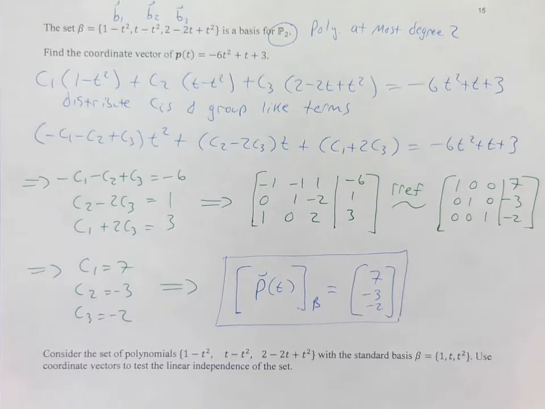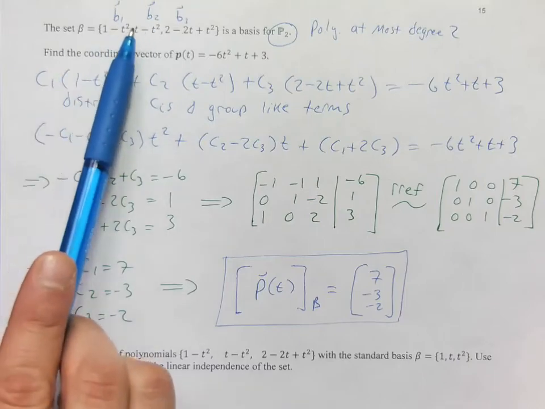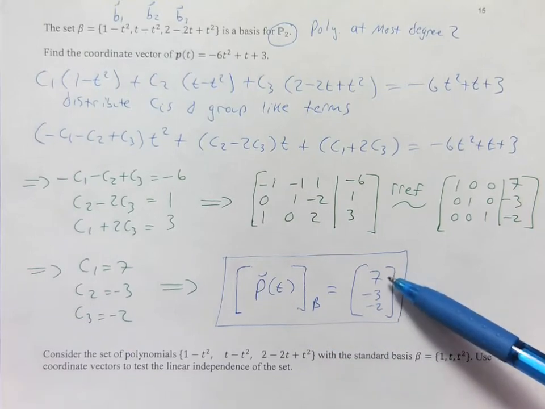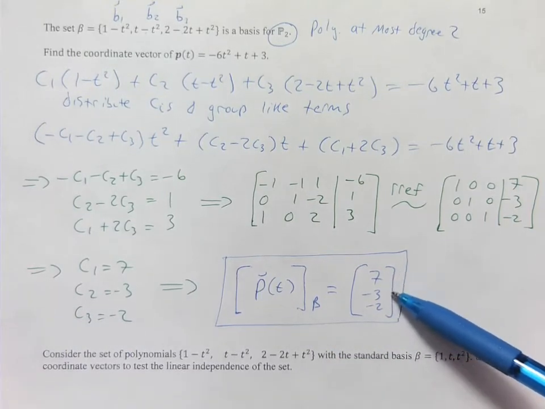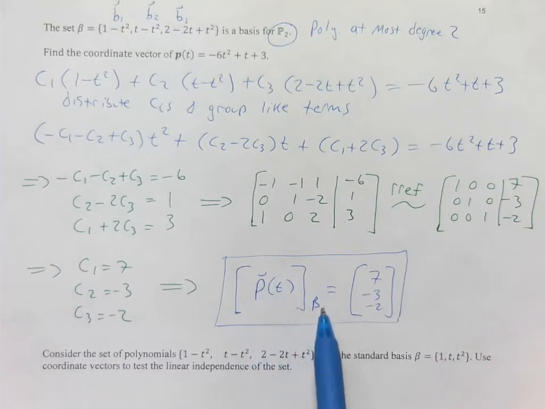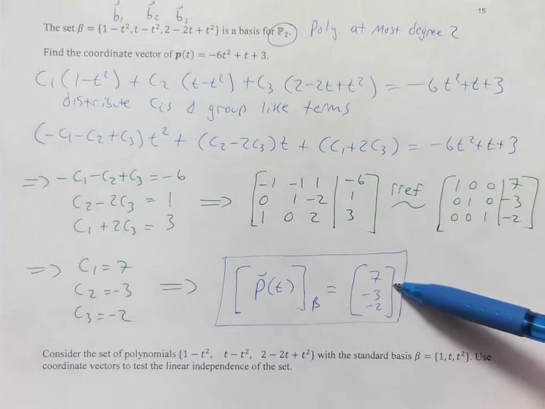And so, let me pause a second if you're writing. You can pause the video if you ever need to catch up. But the interesting thing about this is we're relating this abstract vector space, this P2 vector space of polynomials, to the basis using a vector in Rn. Keep that in mind: the things on the left-hand side are in abstract vector spaces, this polynomial space, but the thing on the right is always going to be a vector in Rn.